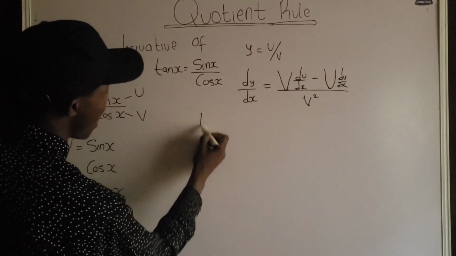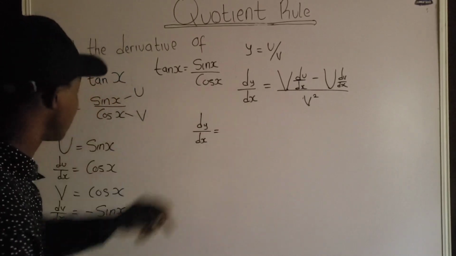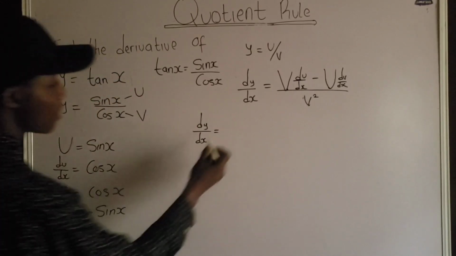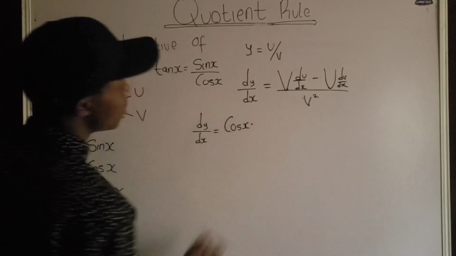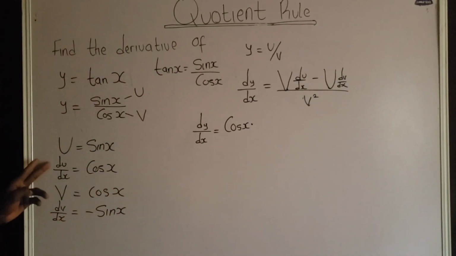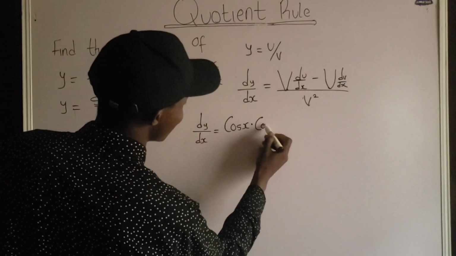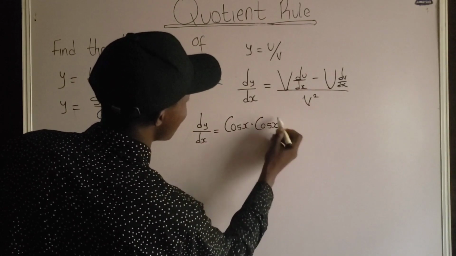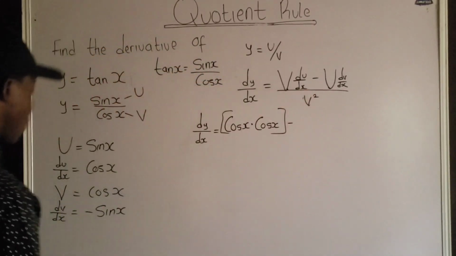So I'm going to have dy over dx is equal to v. What is v? Cos x. So I'm going to put cos x multiplied by du over dx, which is cos x also. Minus u. What is u?